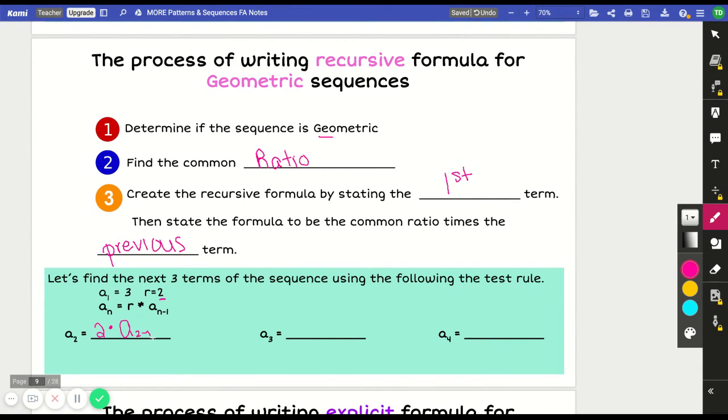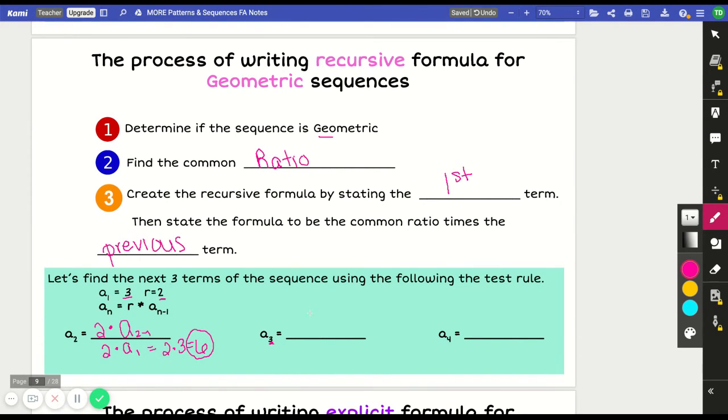And 2 minus 1 is 1. So 2 times A sub 1. A sub 1 is 3. So 2 times 3 is 6. So the second term here is 6.